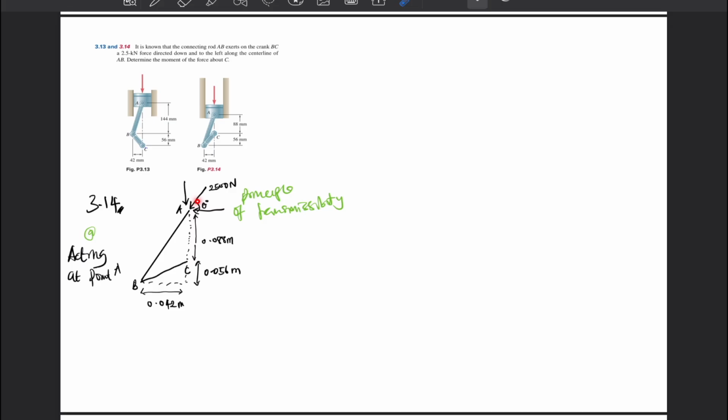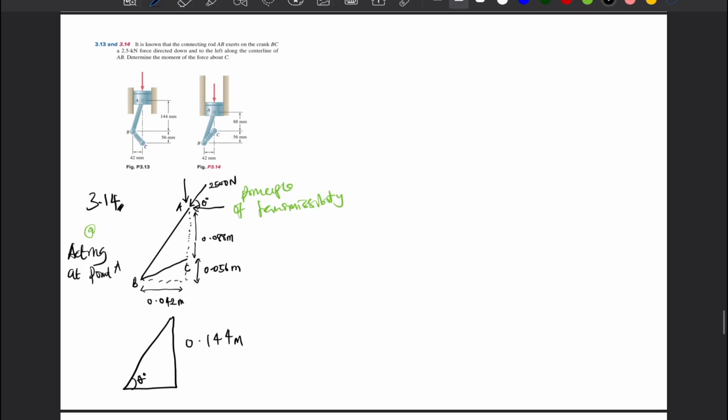So if we extract that, theta is here, and this side is the addition of 0.088 and 0.056, which gives us 0.144 meters.